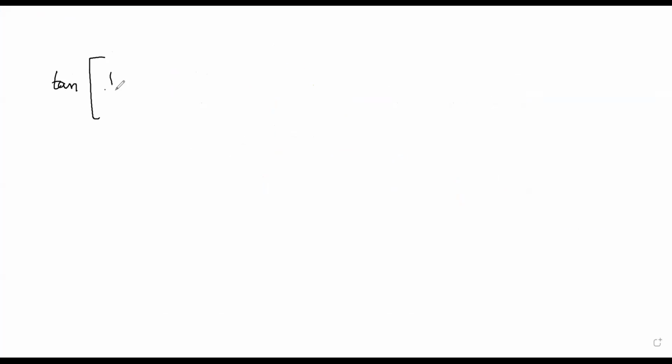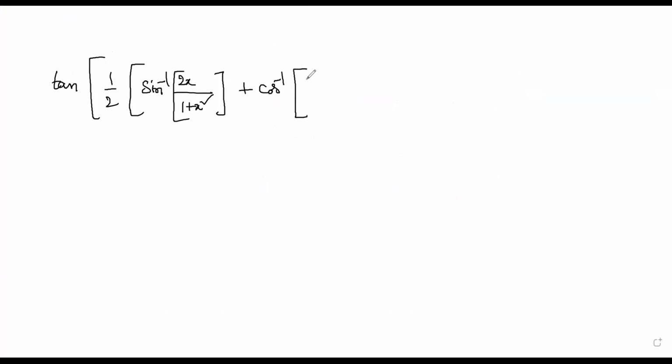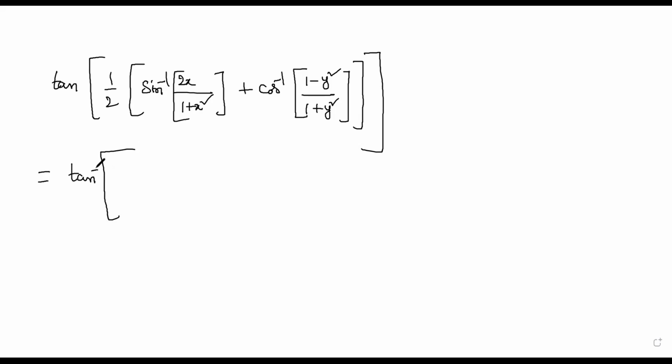Tan of half of sine inverse of 2x by 1 plus x square, and cos inverse of 1 minus y square divided by 1 plus y square. So this is what you have. So for this we had to find, okay.